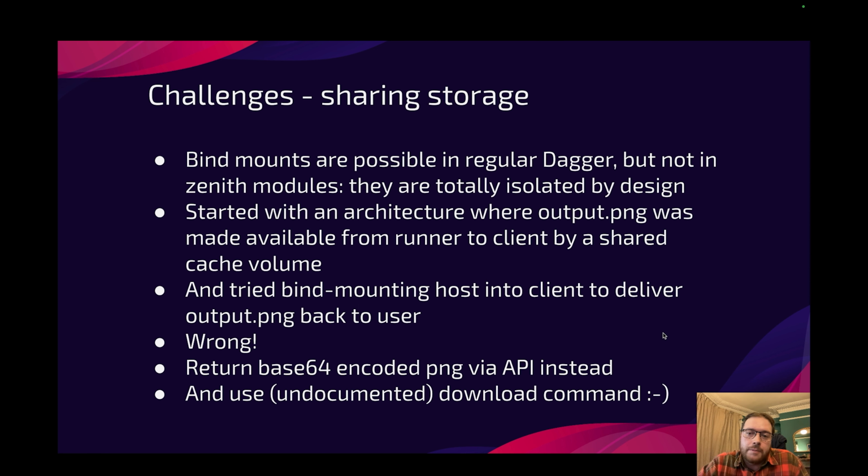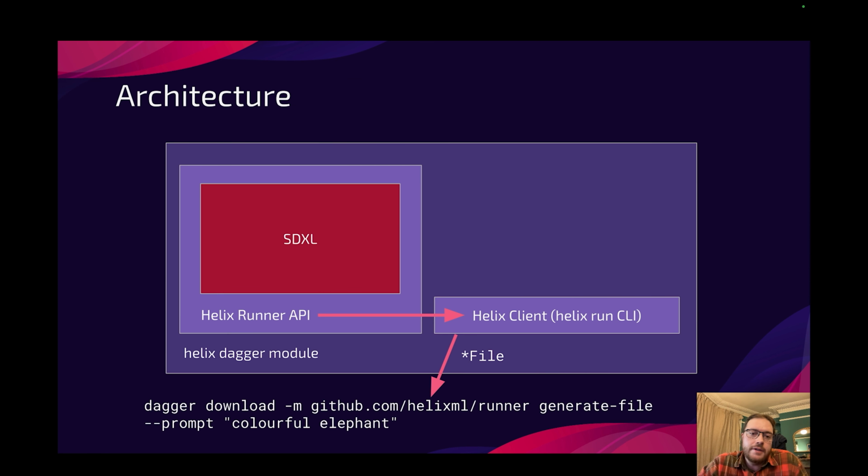I wanted to talk a little bit about some interesting challenges I had while implementing the Zenith module, because I always think that's interesting from a developer experience perspective, and on these community calls to share some of the challenges as well as the successes. My biggest challenge was around sharing storage between these different components.